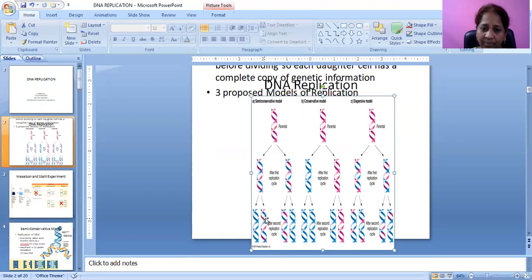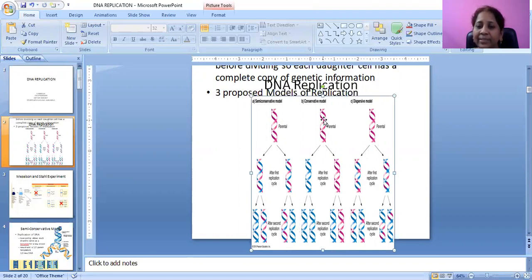Here also daughter DNA, and then after the second replication, half will be daughter and half will be parental strands.